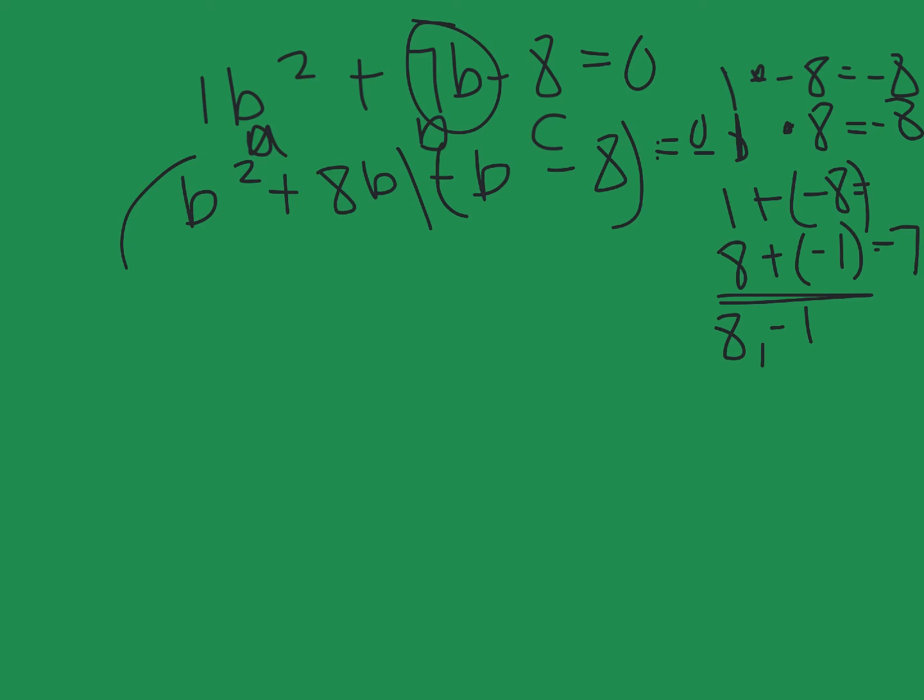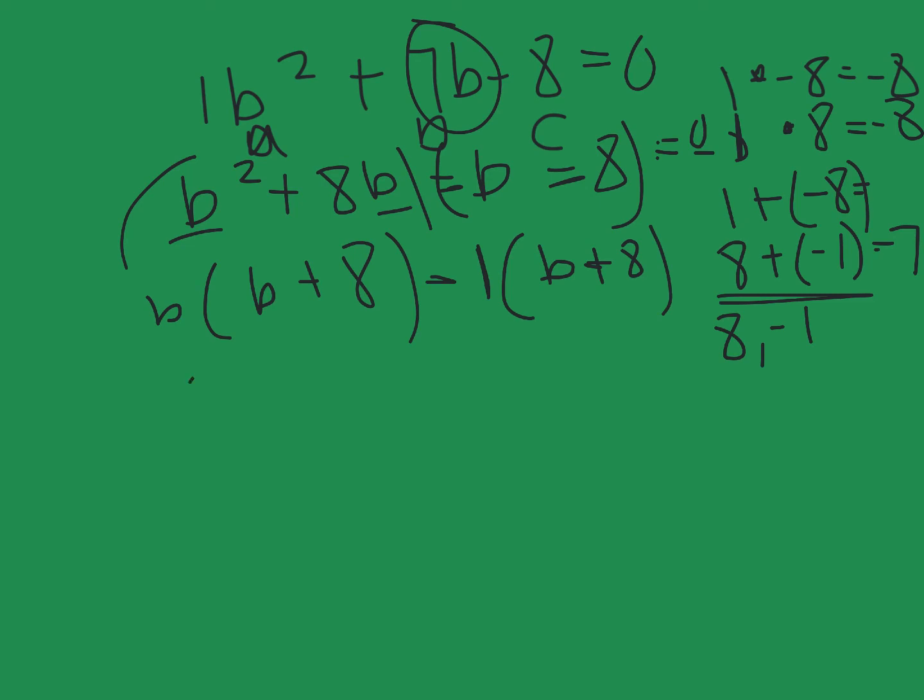So b squared, we have in common our b, so let's just put our b here. b plus 8, because b times b equals b squared, and b times 8 equals 8b. And then we look here, we have a negative and a negative, so we can put a -1, right? And then our b, because -1 times b equals -b. And we can put a plus 8 because -1 times a positive 8 equals -8.